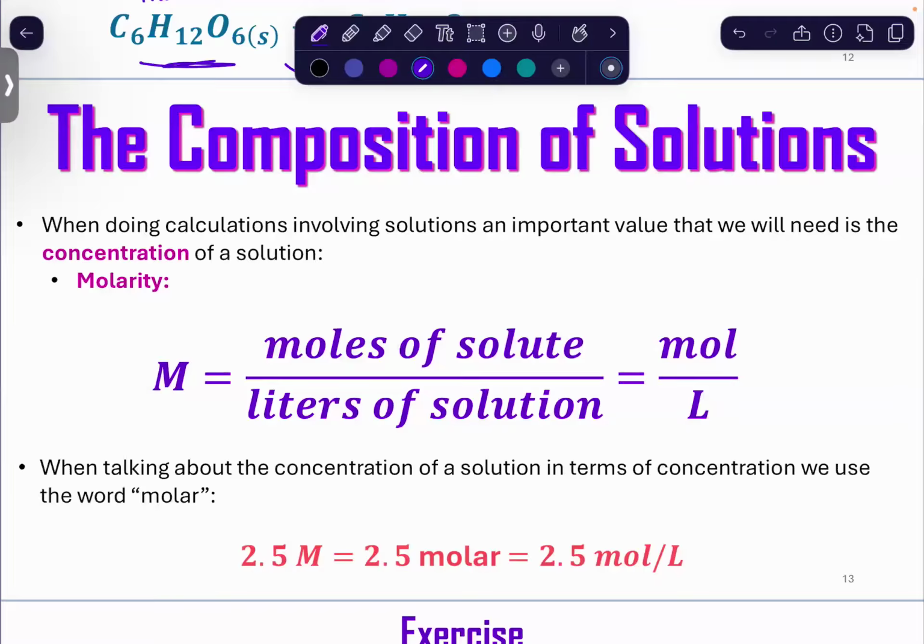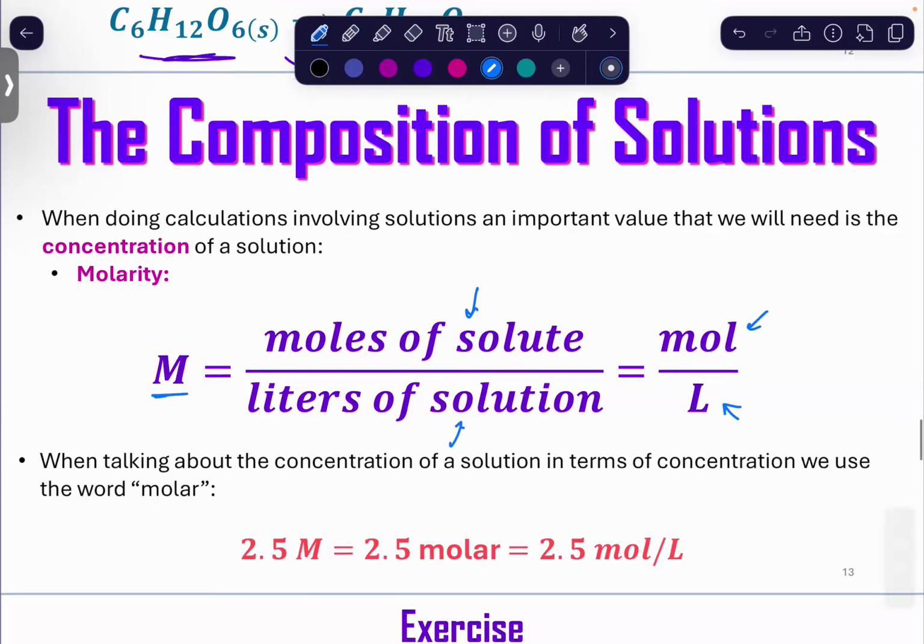Your molarity is going to be moles of solute, so whatever you're dissolving in solution, per liters of the whole solution. And your units are moles per liter. You really want to get this down because you're going to be using this in a lot of different calculations.